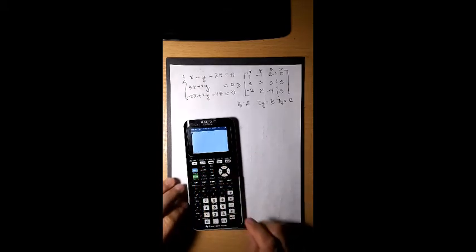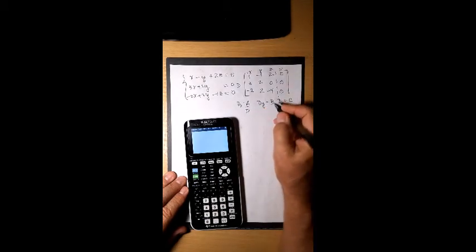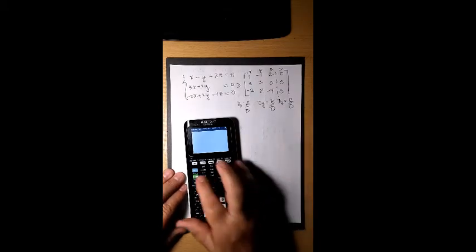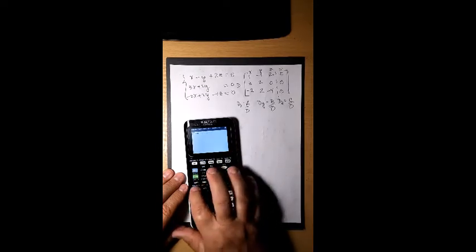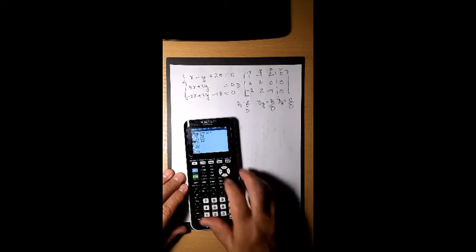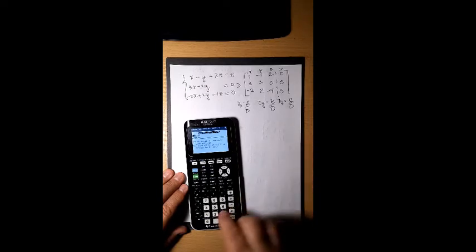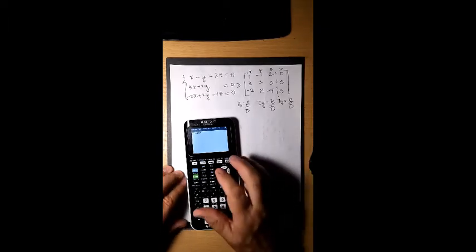And now we can take d sub x, which is really a over d, b over d, and c over d. So we go back in the matrix, a divided by, go back into the matrix, d, number 4. Oh, gosh.